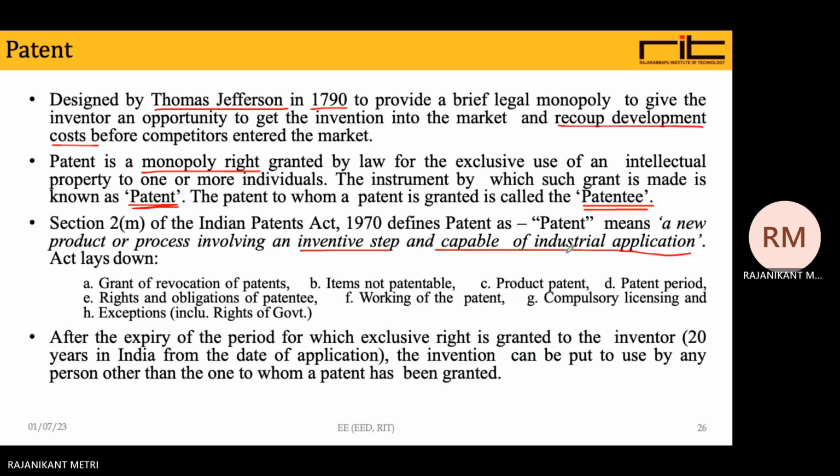Such product or process we call it as patent. And it lays down grant of revocation of patents, items not patentable, product patent, patent period, rights and obligations of patentee, working of the patent, compulsory licensing and exceptions. So these things we will see.